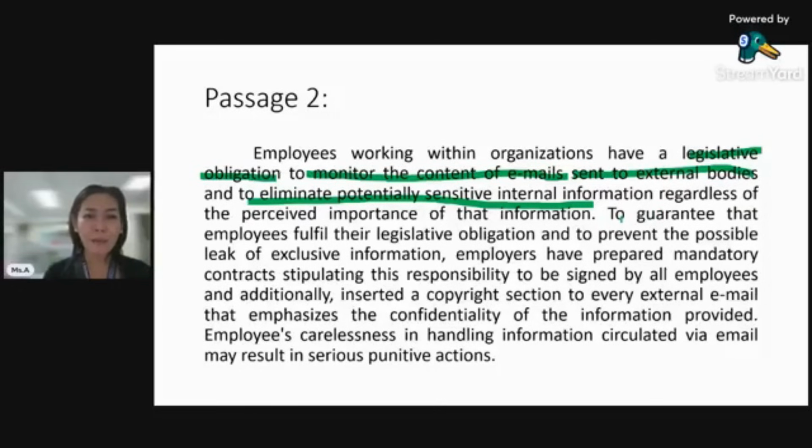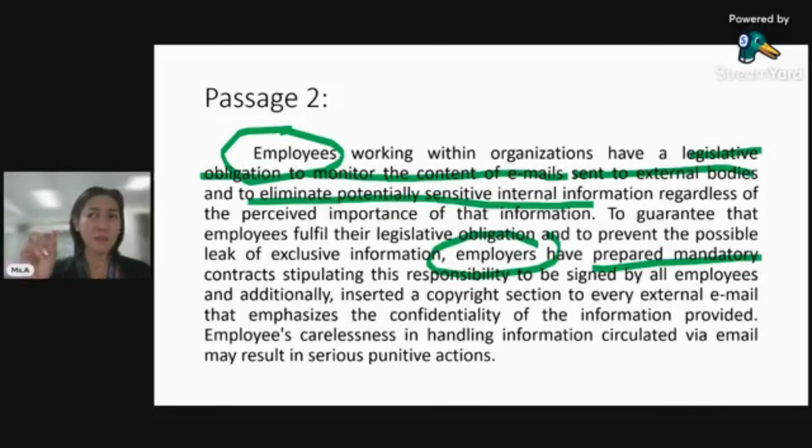para mag-guarantee na gagawin po ng mga empleyado yung kanilang obligation at maiwasan po na magkaroon ng mga information na lumabas galing sa loob ng kumpanya. Ang ginawa po ni employer ay nag-prepare po siya ng mandatory contract.